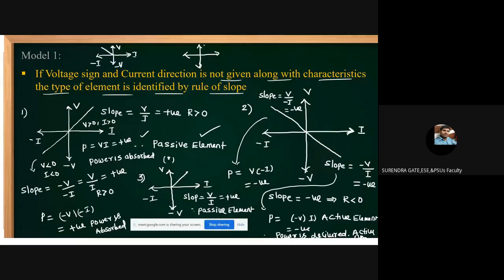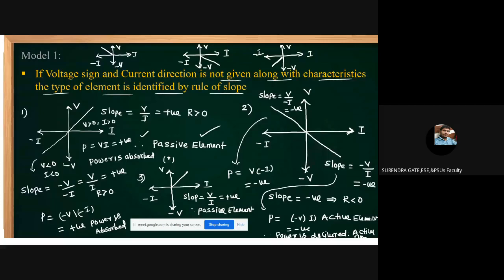This is V, this is minus V, this is I, this is minus I. This is also which element? Active element. And you can also try like this. This is V, minus V, this is I, this is minus I. This is which element? Passive element. That means what is the final observation here? If the characteristics are in the first and third quadrant, the element is passive. See, this is the first quadrant, this is the third quadrant.